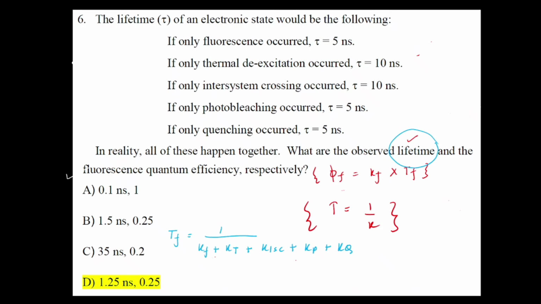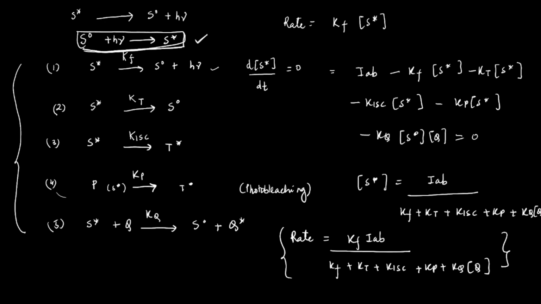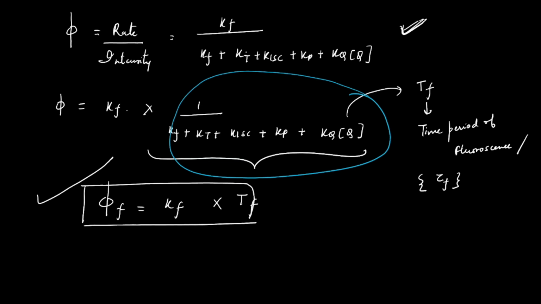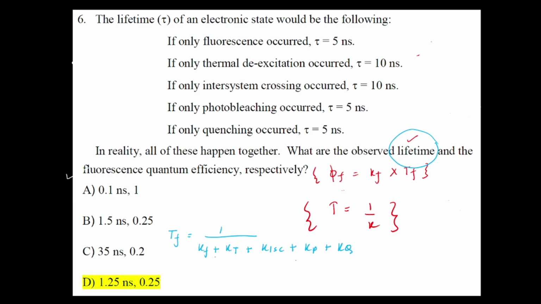So this is going to be the lifetime, and that is how we get this particular formula. All of you must be clear that these are the steps to derive the particular formula. And what is k? We know through this formula that k is just the reciprocal of the given time or the lifetime. So we have lifetimes of these various processes.